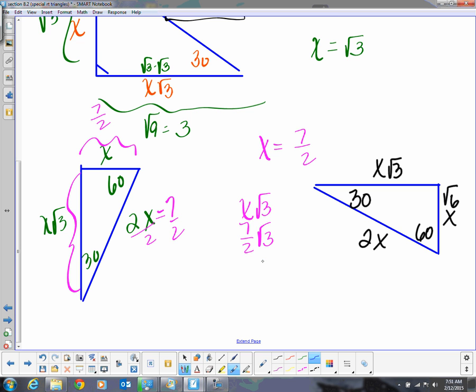So what that means is x is the square root of 6. So here, I'm going to do square root of 6 times square root of 3. 6 is 2 times 3, and then I've got my 3. So I've got what was multiplied by itself, 3. So that side's 3 square root of 2. I put my square root of 6 in for x. That side's 2 square root of 6.